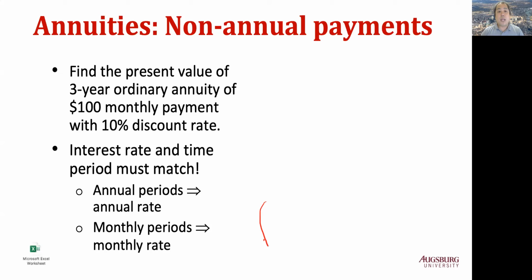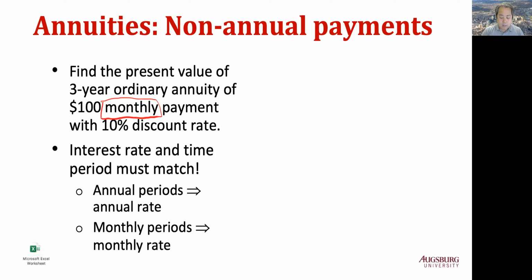Next part, non-annual payments. Find the present value of a 3-year ordinary annuity of $100 monthly payment with 10% discount rate. Now the difference between the previous problem and this problem is that the previous problem is an annual payment problem, and this is a monthly payment problem.